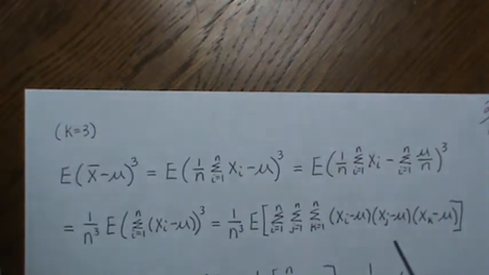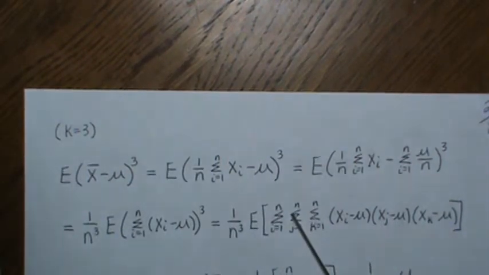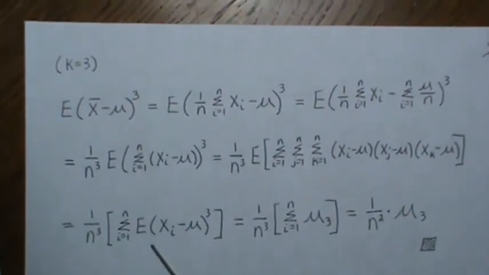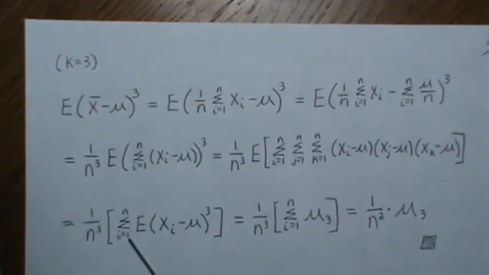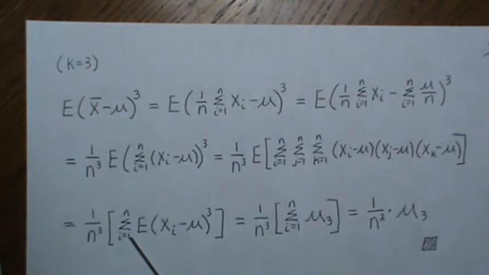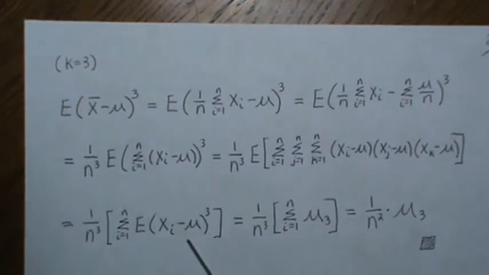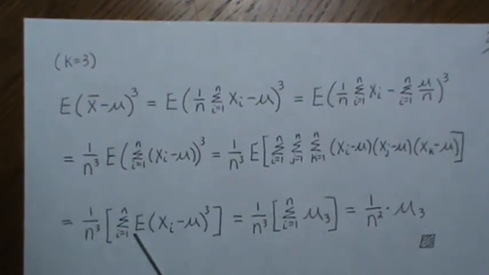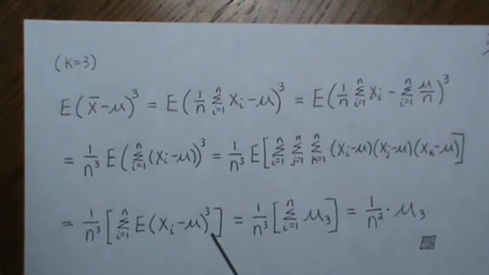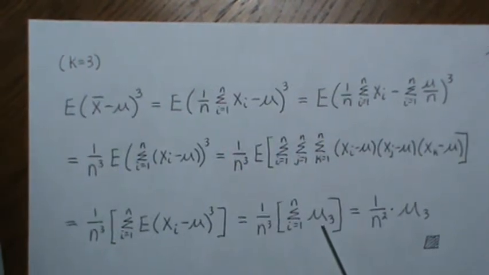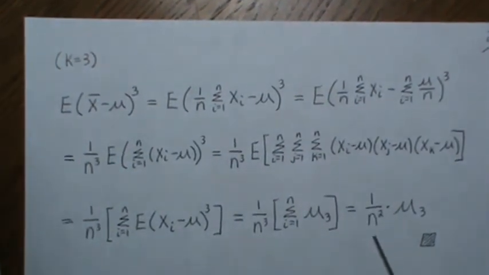So the only time this is non-zero is when all 3 of the indexes are the same. That's in a sense like getting rid of 2 of them and just using 1 and calling them the same thing. And that's what we do here. So we have 1 over n cubed, and we have the sum of xi minus mu cubed, but the expectation is a linear operator, so we can take it in. And this is, I'm going to call that mu 3, which is the third central moment. There's n of them, so one of them cancels, and we get this.